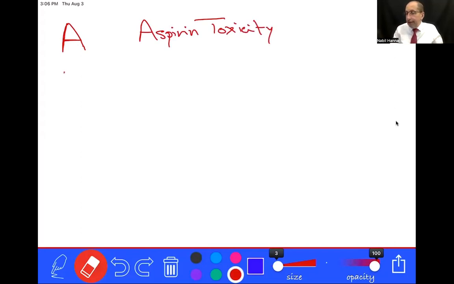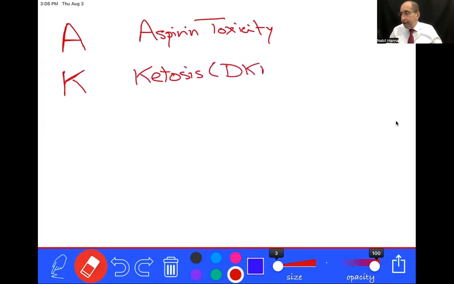The K stands for ketosis, as in DKA. Keto acids accumulation in the circulation. The U stands for uremia, renal failure.